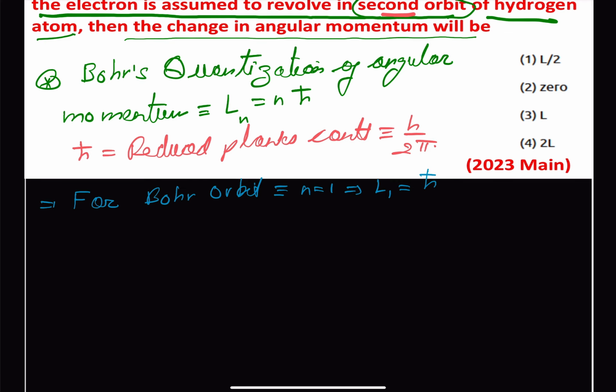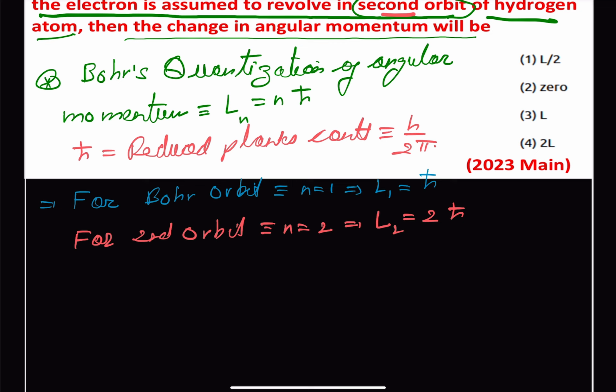And for the second orbit, the value of n is equal to 2, which gives us L2 is equal to 2 h bar.